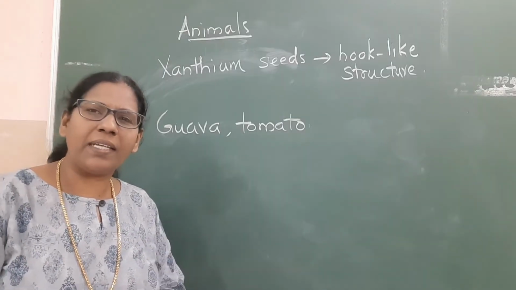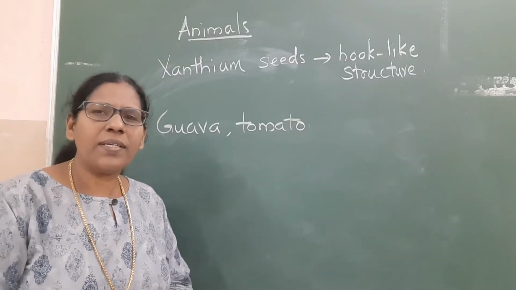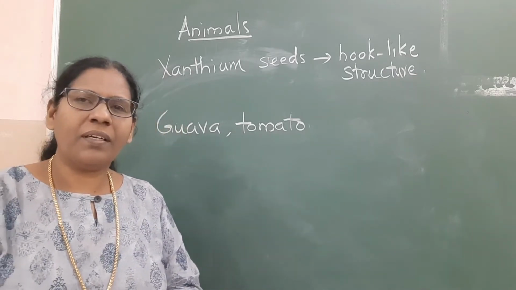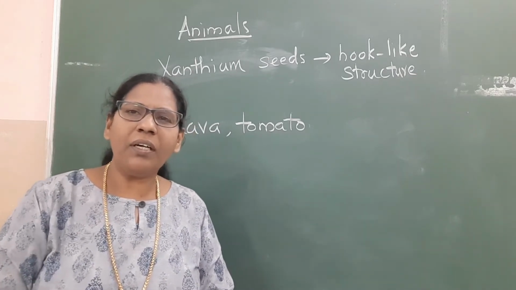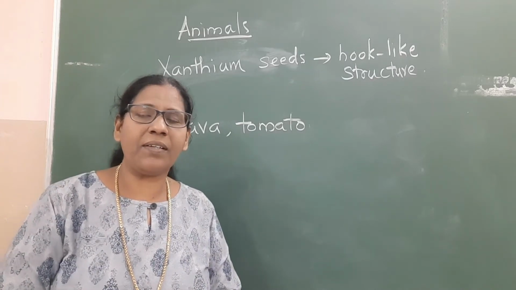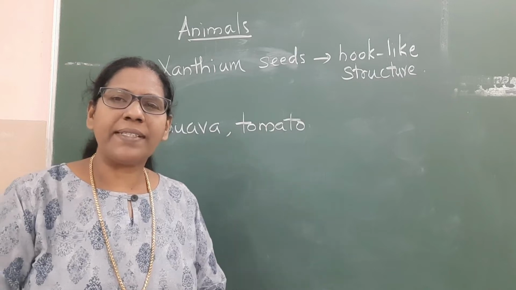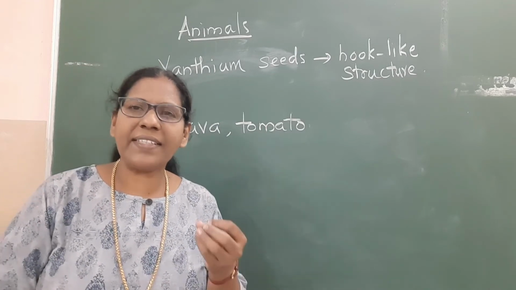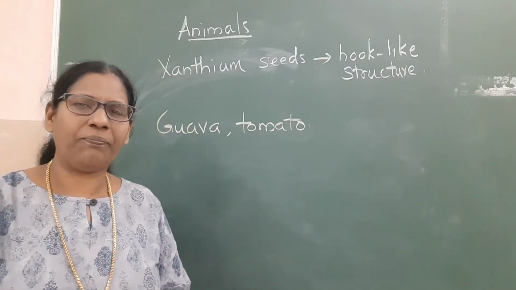Dispersal through animals. How does seed dispersal take place through animals? If you have gone grazing with animals, you might have seen a plant named xanthium. Its seeds have a hook-like structure.